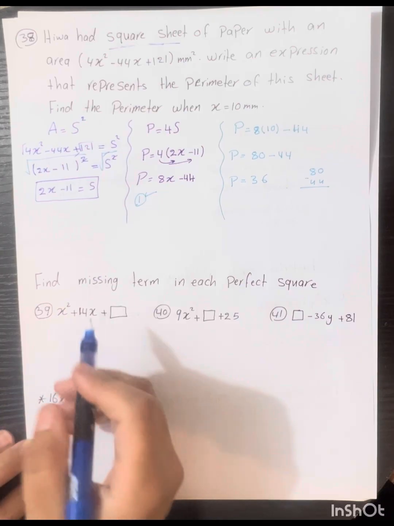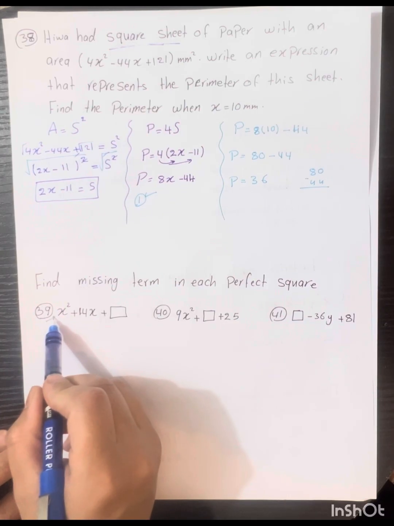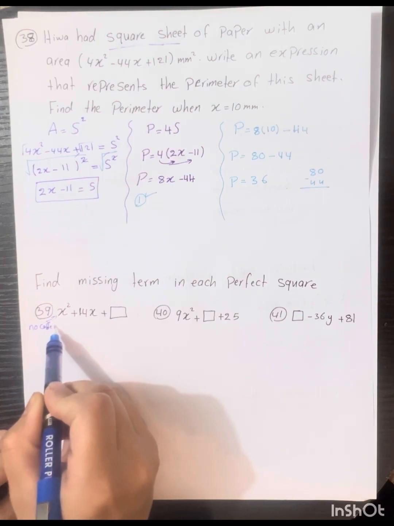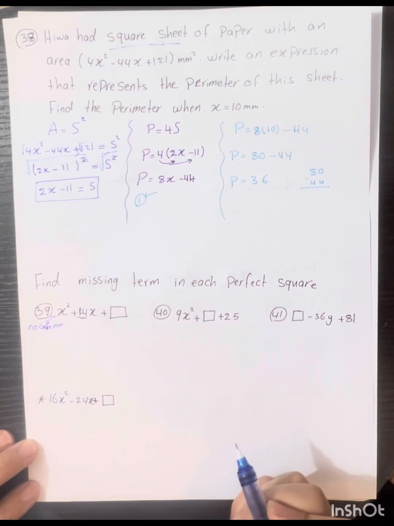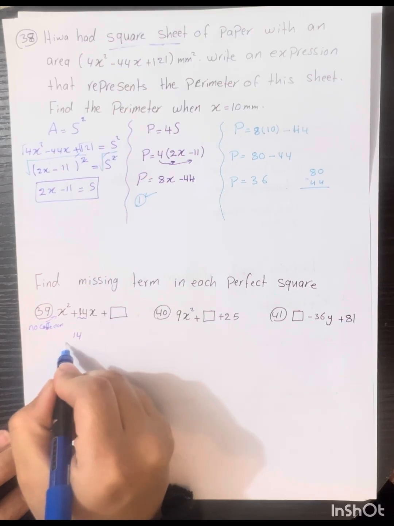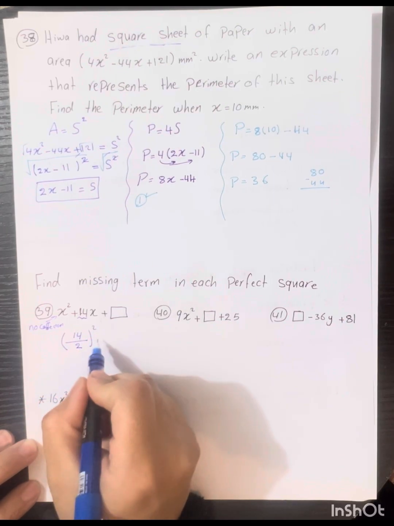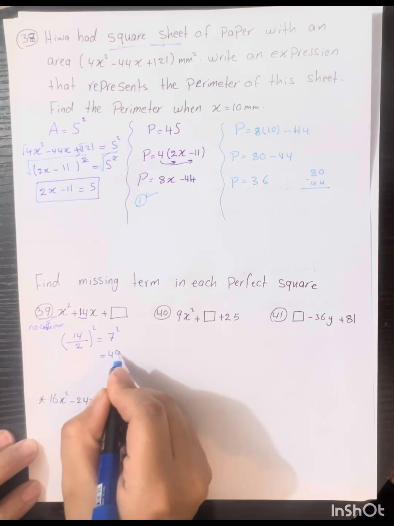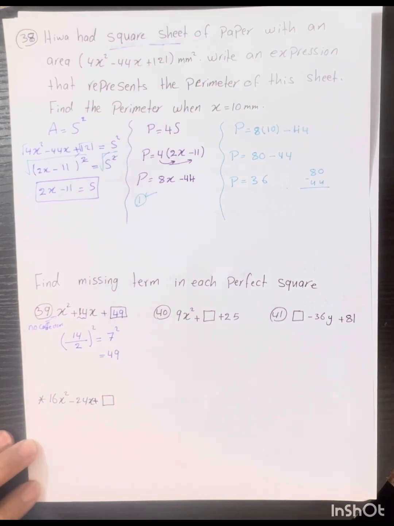For this case, there is no coefficient for x power of 2, so I will use the coefficient of x. I will write 14 divided by 2, all to the power of 2. It will be 7 power of 2, it's 49. So I will put 49 for the missing term. This is the easiest one.